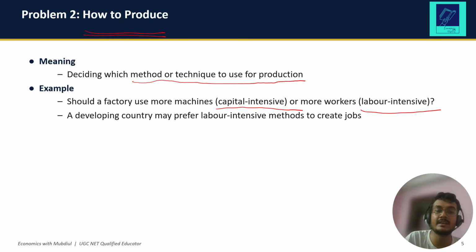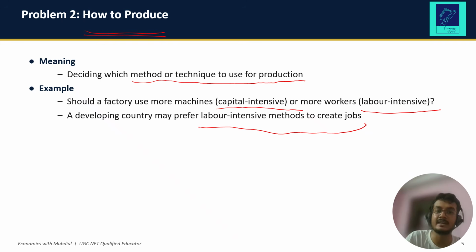A developing country may prefer labor intensive methods to create jobs. The question is why? Because unemployment can be a major economic challenge. Suppose a project can be completed either using 1,000 workers or 20 machines and 100 workers. From a purely technical perspective, machines might be faster.